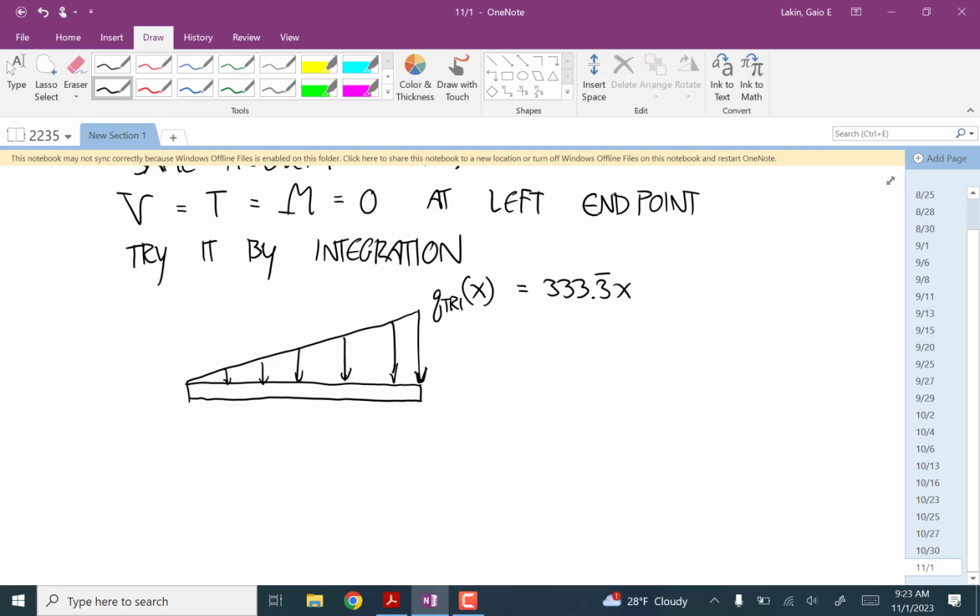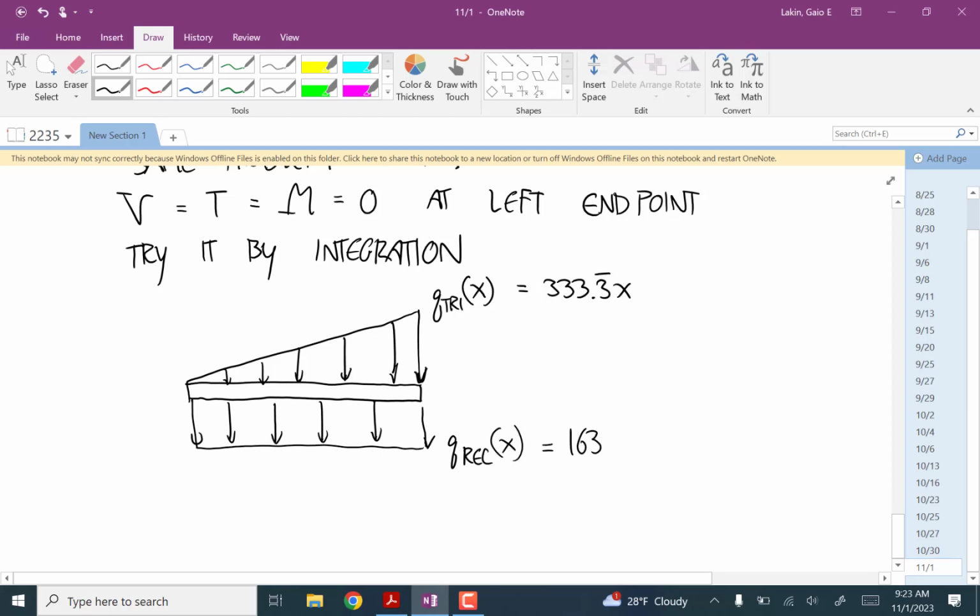Yeah, that's what it was. And then this was Q rectangular, which is 163.5. And then we had the loads over here at the end that we didn't have to calculate.